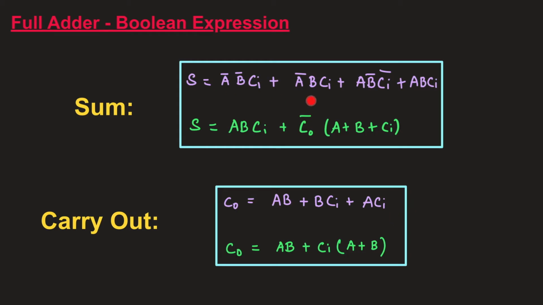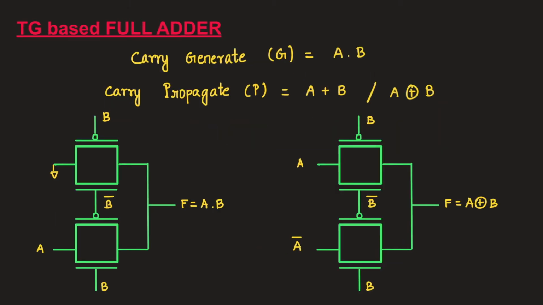So we take these two equations and reorient them in a different manner to implement the same full adder using transmission gate. Transmission gate based full adder is completely realized using carry, propagate and generate model.